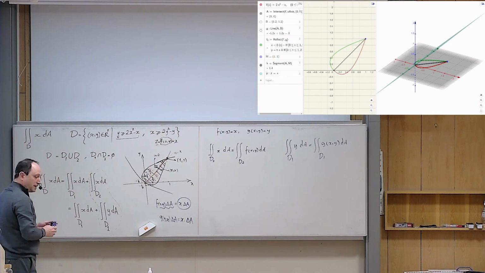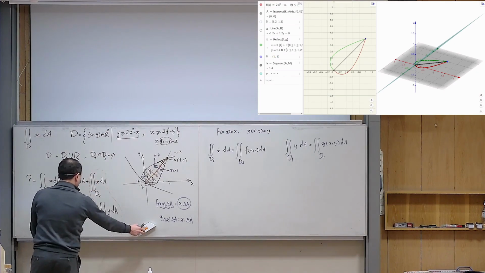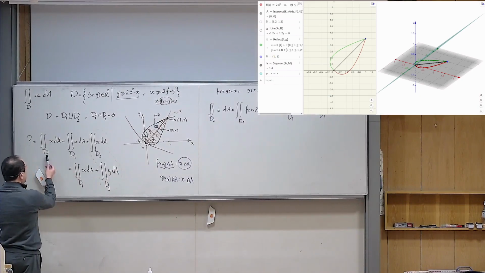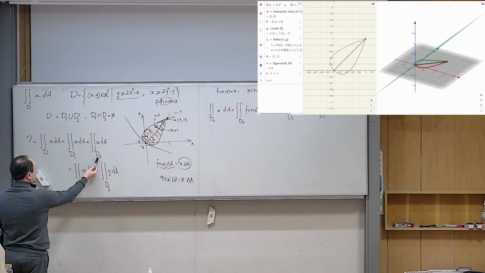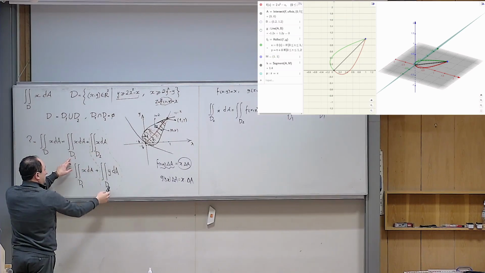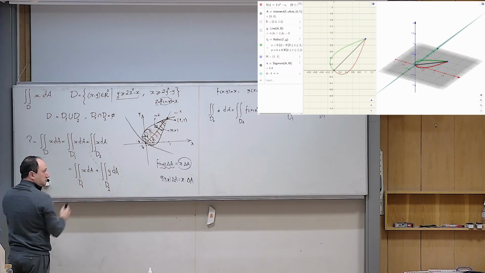And if you believe now that they are the same, the continuation is more or less simple. Because now again, I can combine them back. You see, D was decomposed into two integrals with D1 and D2. Then I replace this one with D2 and write it D1. And then now I have two double integrals on the same domain, so I can collect them back.